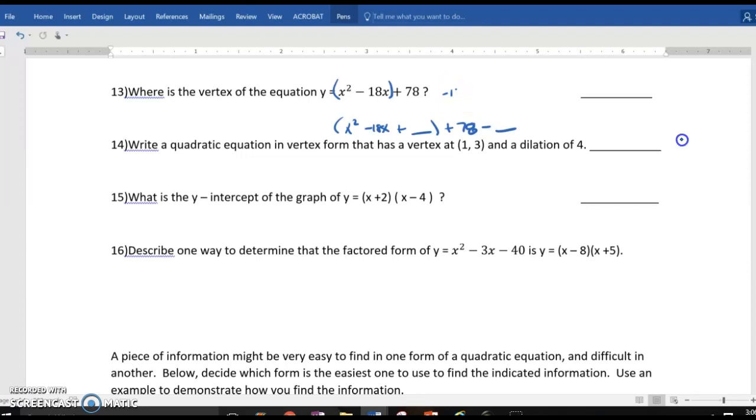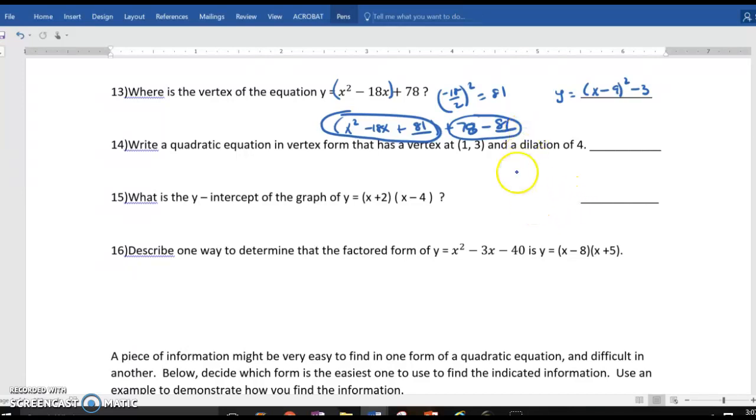Well, if I take negative 18 divided by 2 and square it, I get 81. So I'm going to add that there. Whatever I add there, I'm going to come over and subtract it. So what does this factor out to be? That's going to be x minus 9 all squared. And then 78 minus 81 is going to give you minus 3.